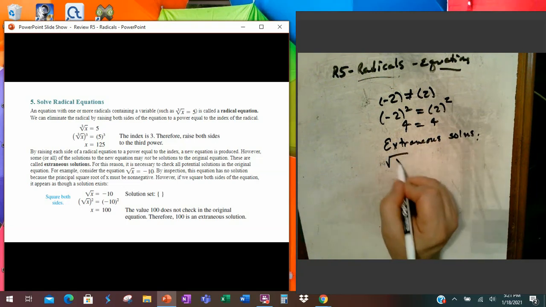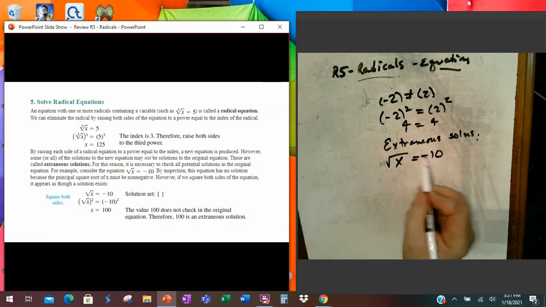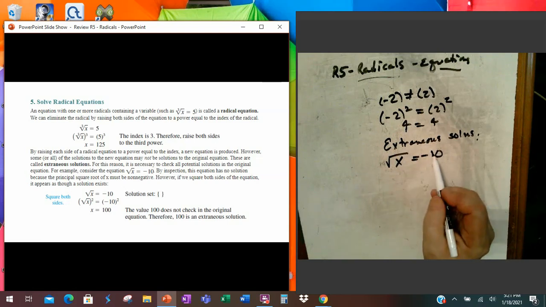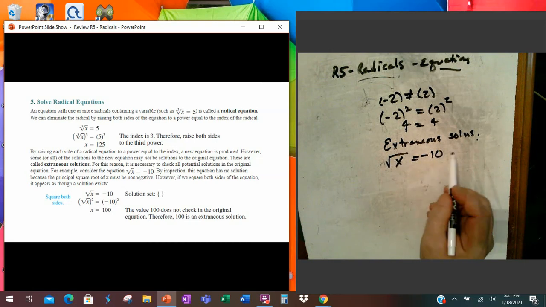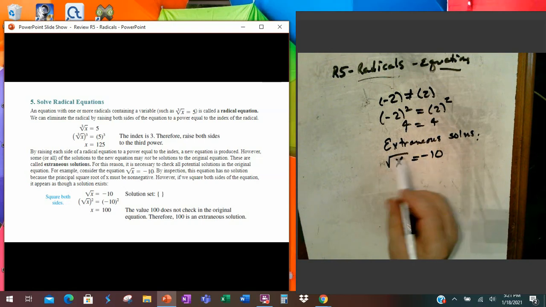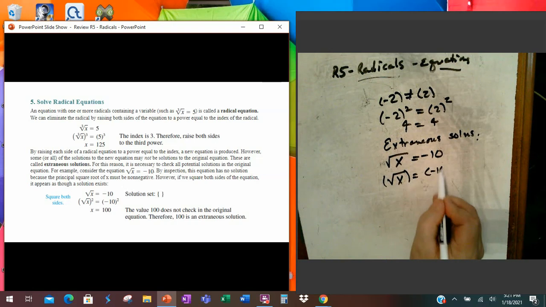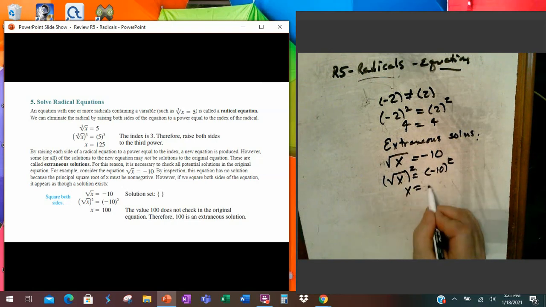Our book gives us something that looks like this. I want to look at the square root of x is equal to -10. We know that the square root can't be equal to -10, right? But if I square both sides, I get x is equal to 100.